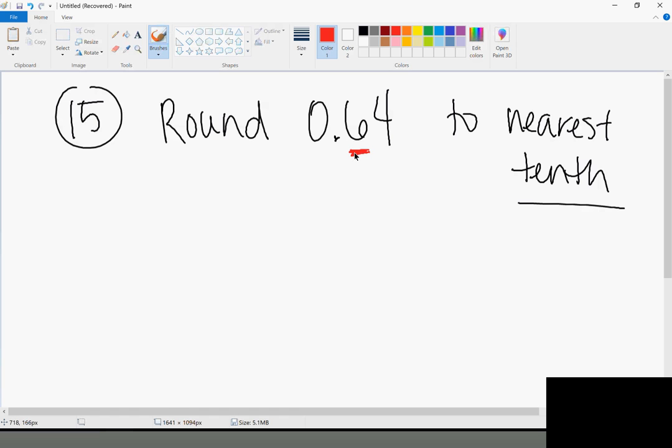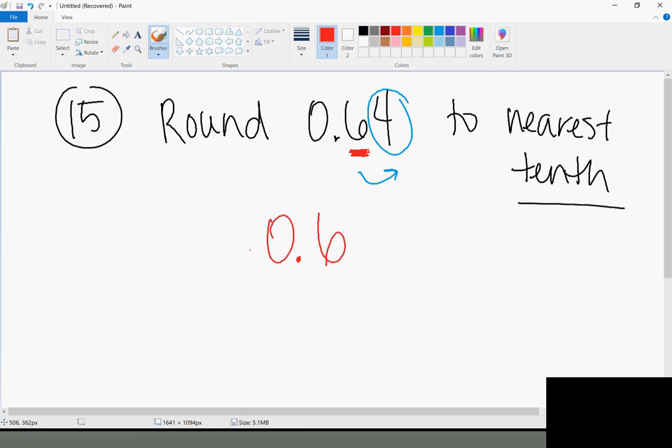If we're rounding this spot in the red, we look to the right. And if the number to the right is 0 through 4, we would keep the number in red the same. If the number to the right, this blue number, is 5 or higher, we round the 6 up. So in this case, that would be 0.6.